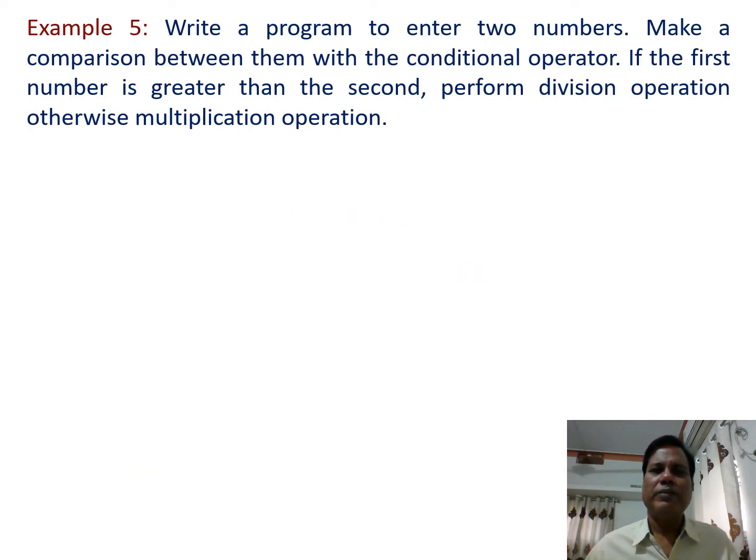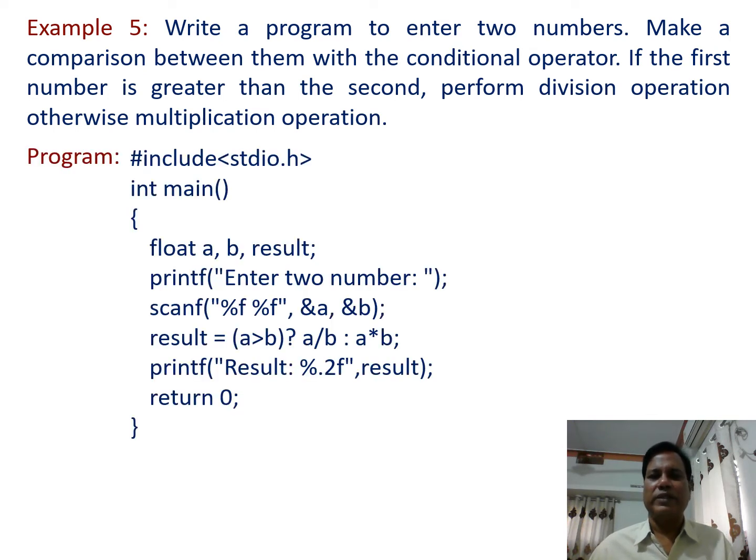In example number 5, we have to write a program to enter two numbers and make a comparison between them with the conditional operator. If the first number is greater than the second number, perform the division operation, otherwise the multiplication operation. A program can be written like this one.